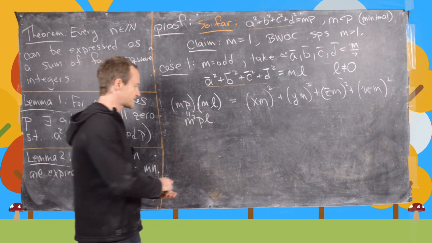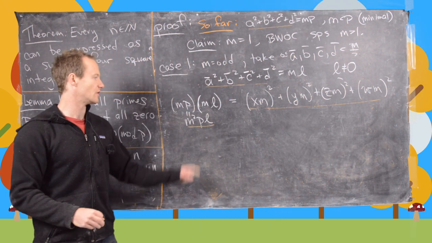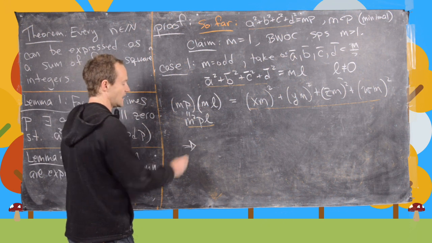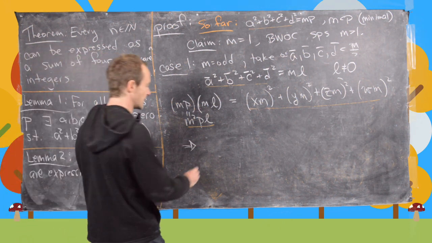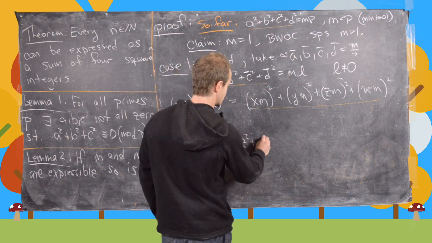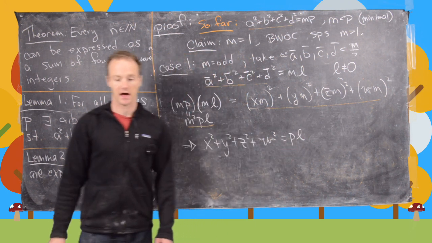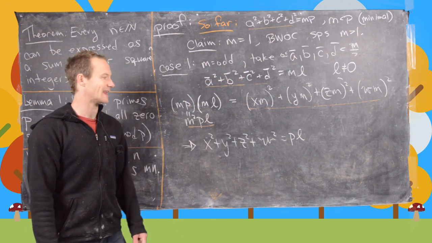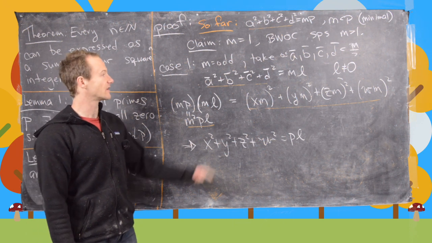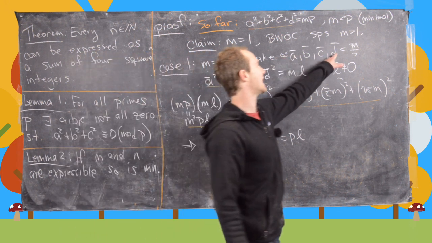But look at this left-hand side and this right-hand side of the equation, and notice there's an m squared in each of them. So that allows us to cancel that m squared and leave us with x squared plus y squared plus z squared plus w squared equals P times L, but now we just need to argue that L is less than M, and we can do that very easily because notice here we have this A hat, B hat, C hat, and D hat.